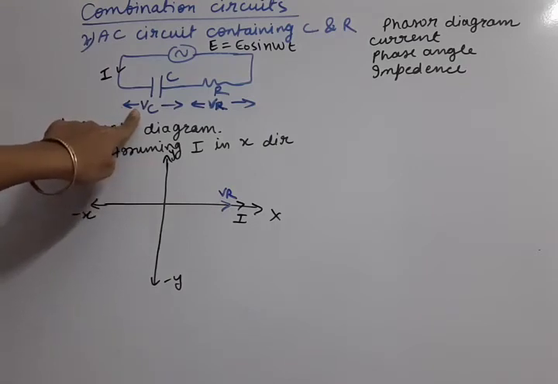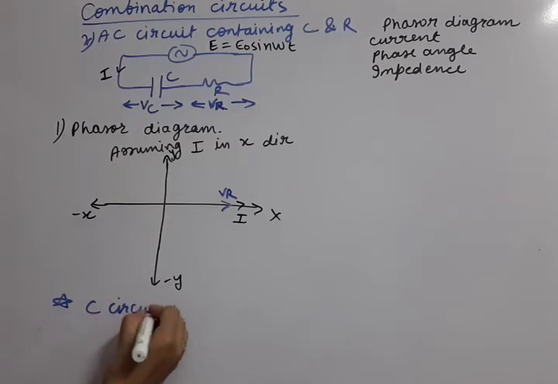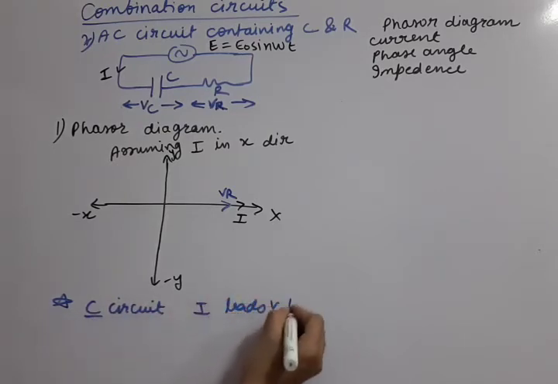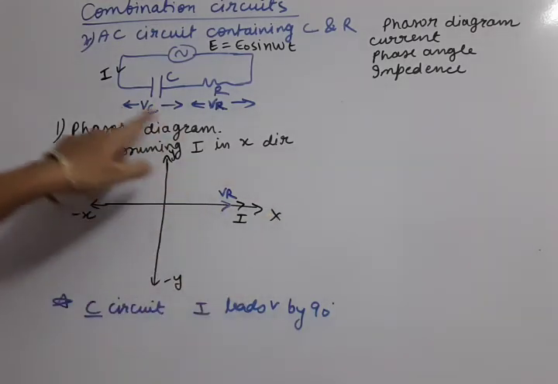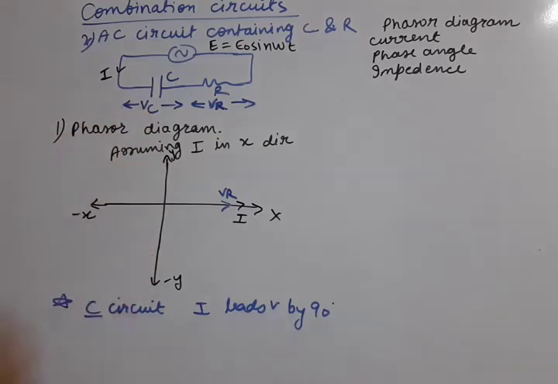Where will we draw VC? The conclusion about the C circuit is that for the C circuit, I leads V by 90. So if current is in the x direction, VC should be in the minus y direction.